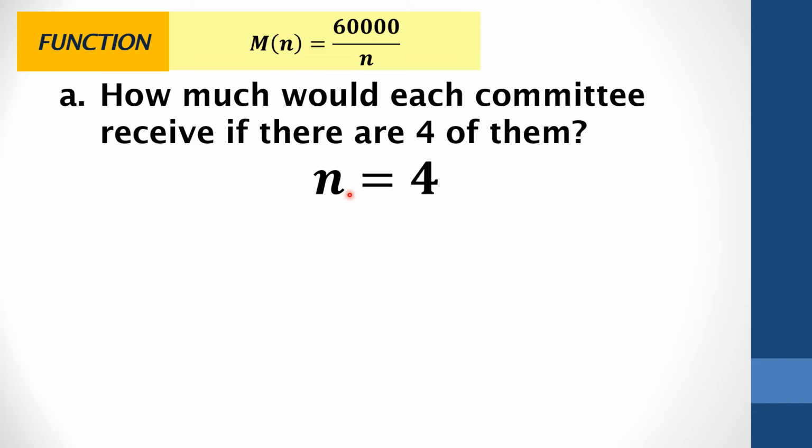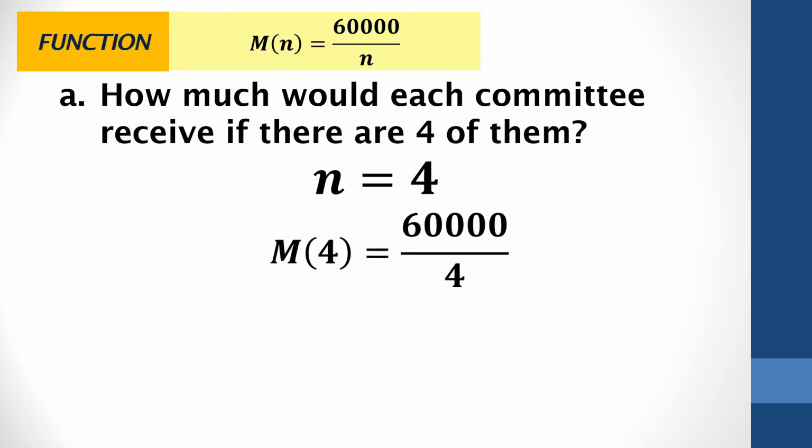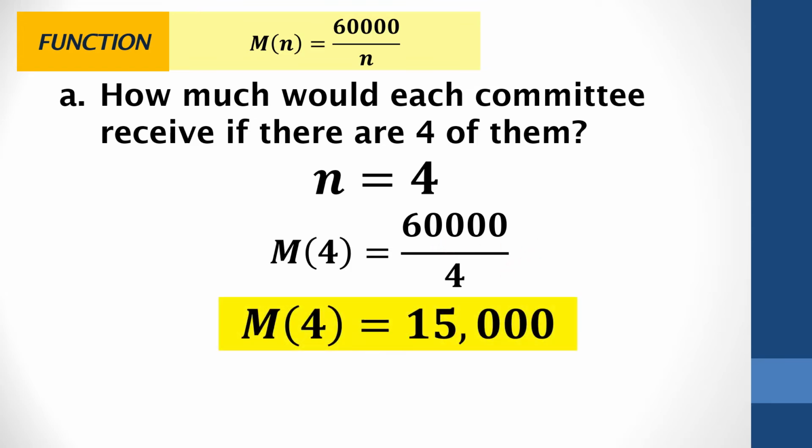Yes, of course, our n is equal to 4. Since our n represents the number of committees and given dito ay may 4, kaya our n is equal to 4. Next, substitute lang from our function, we have m of 4 equals 60,000 divided by 4. So, our answer now is m of 4 equals 15,000.